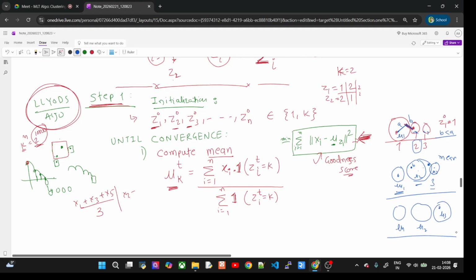Every stage you are calculating the mean. How many stages until it converges? Until you feel the final jump is fine and you are happy with it, from one cluster to two to three. Until then it will keep calculating the mean, and the mean calculation is given.